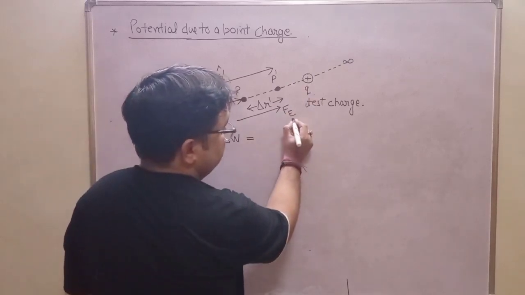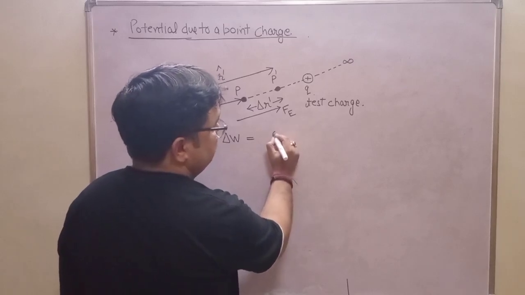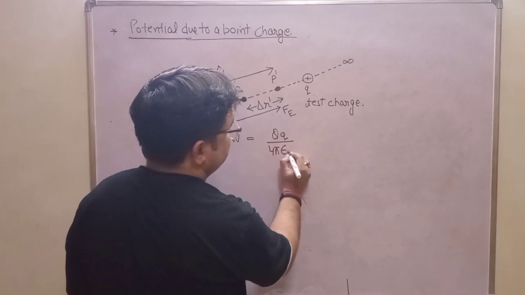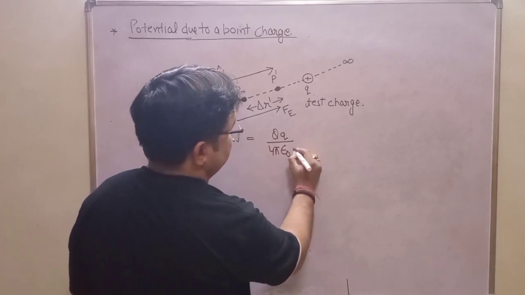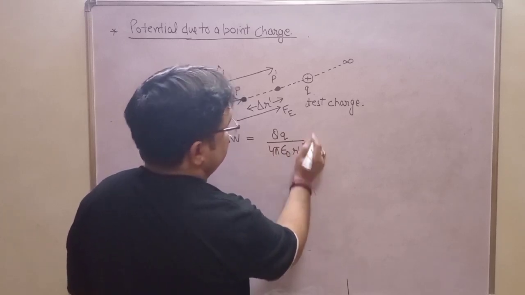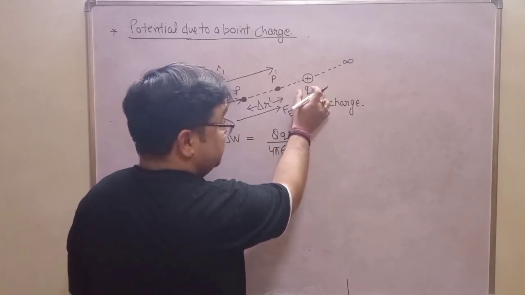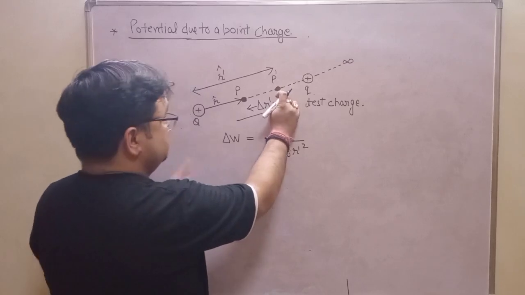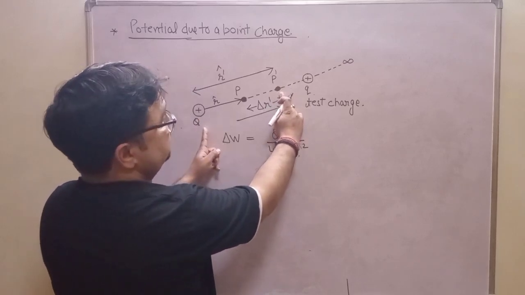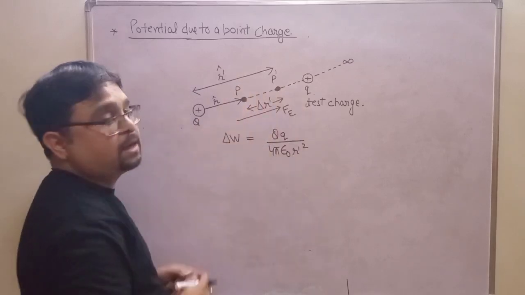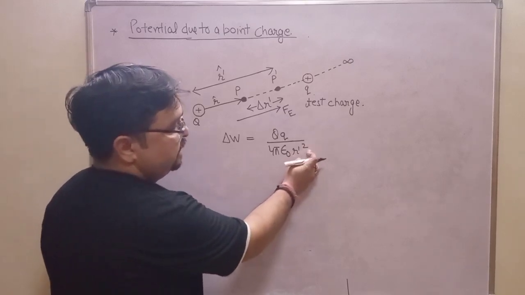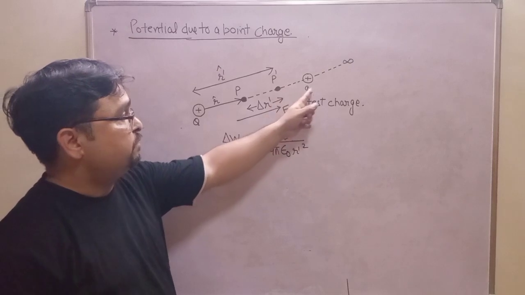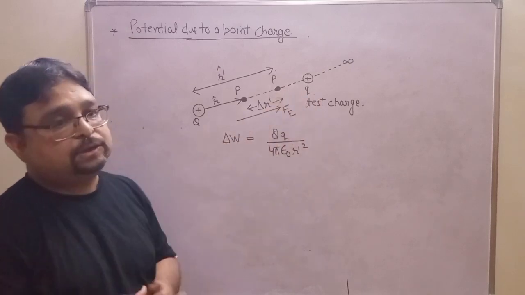We know the formula of electrostatic force. When small q is at P dash, the distance between small q and capital Q would be r dash. So I am writing r dash square. As per Coulomb's law, this will be the force when q is at P dash.